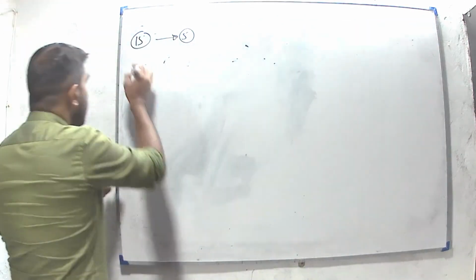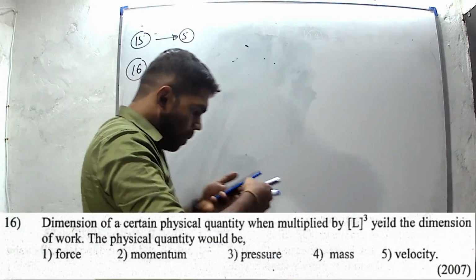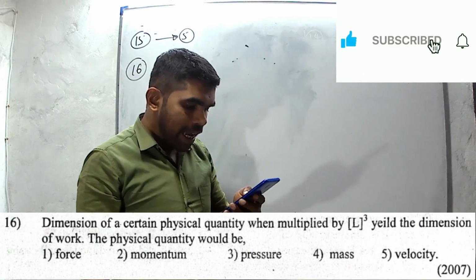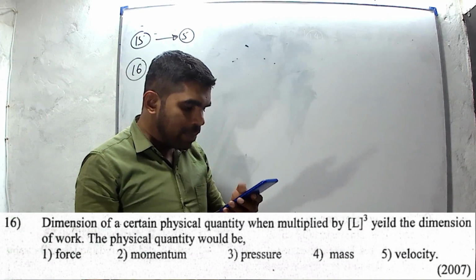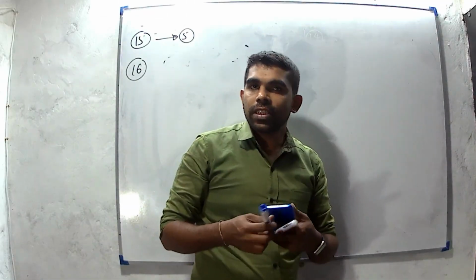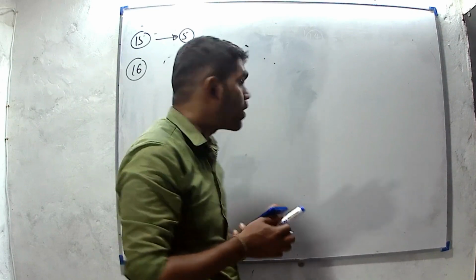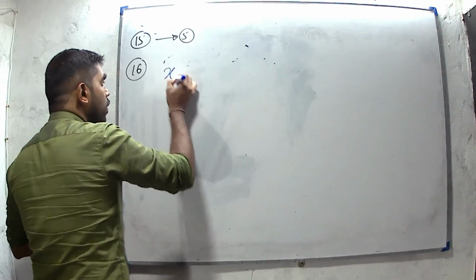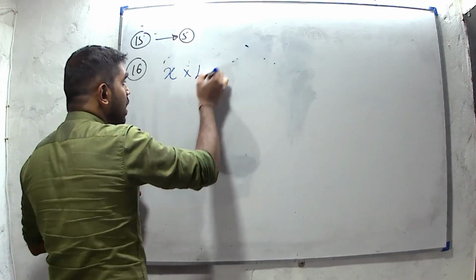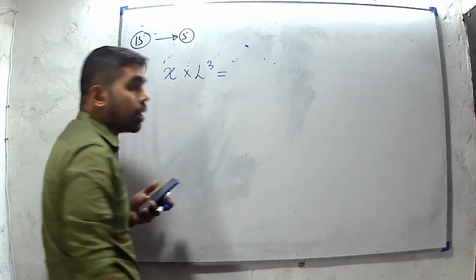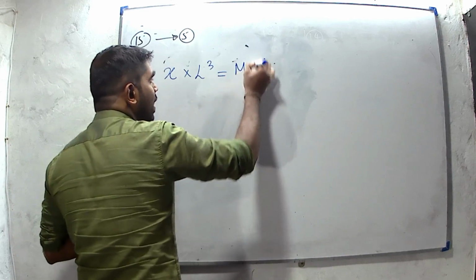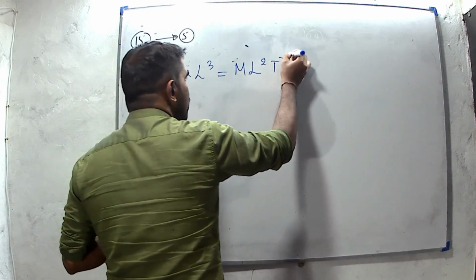Then question number 16. The dimension of a certain physical quantity when multiplied by L to the power 3 gives the dimension of work. The physical quantity would be? I will consider the physical quantity as x. When multiplying the physical quantity by L to the power 3, the answer should be the dimensions of work or energy. We know that the dimensions of work are M L squared T to the power minus 2.